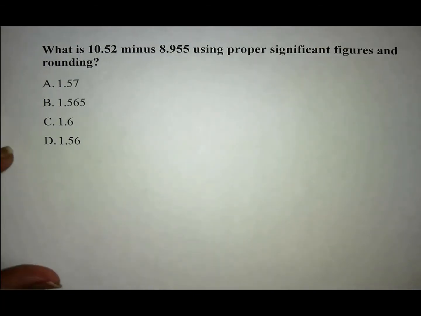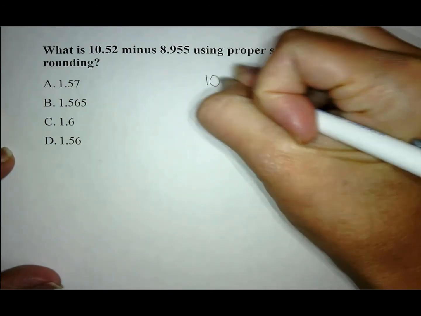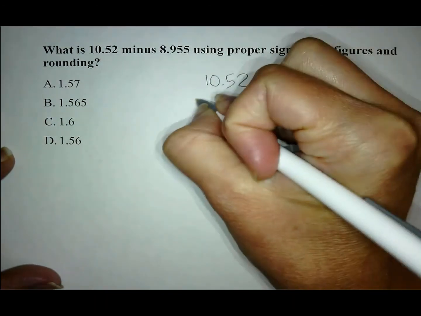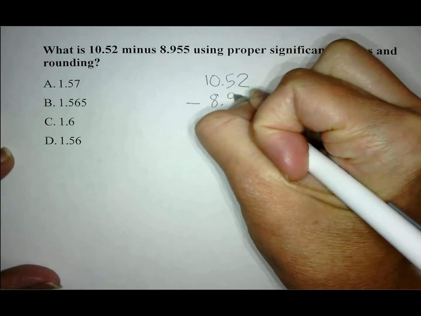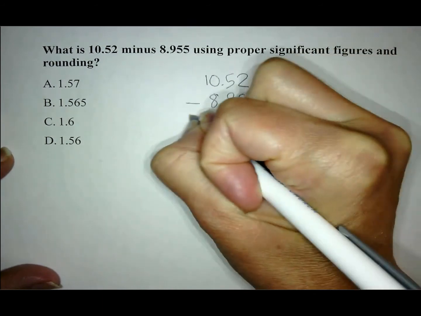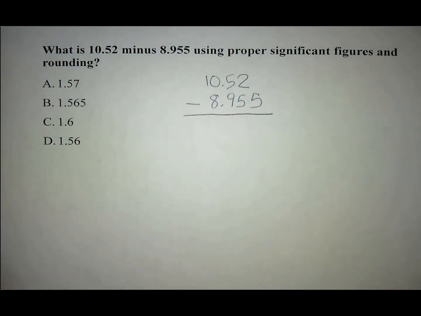So in this case, we're doing 10.52 minus 8.955. And we're using the subtraction rule, which is going to be based on digits after the decimal.